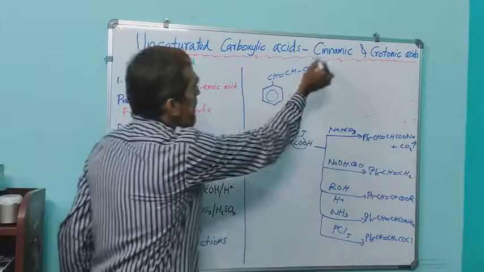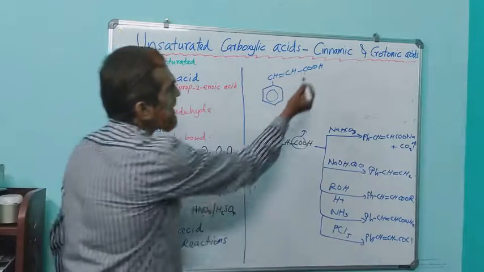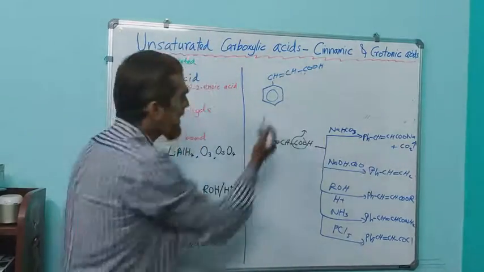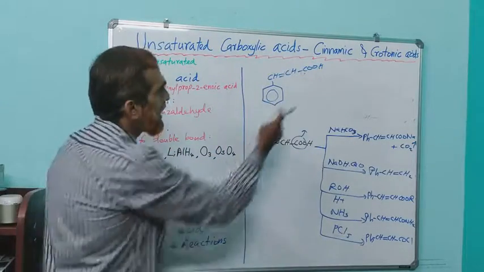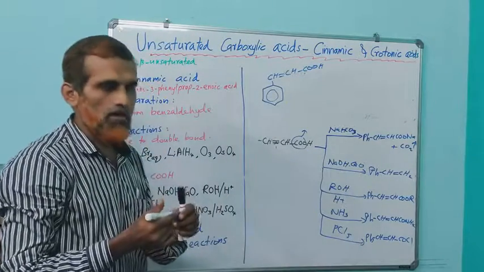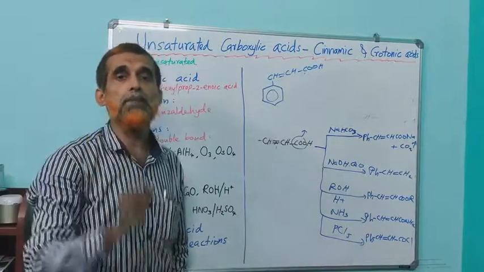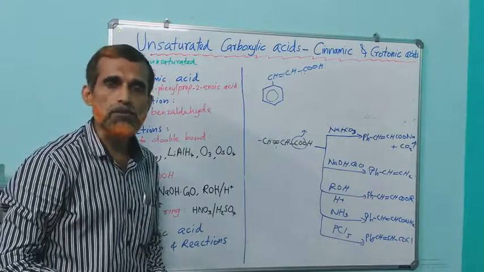One is, what about this group, whether it is activating or deactivating? It's very simple. COOH is electron withdrawing, vinyl group also is electron withdrawing, right? So, it is deactivating.